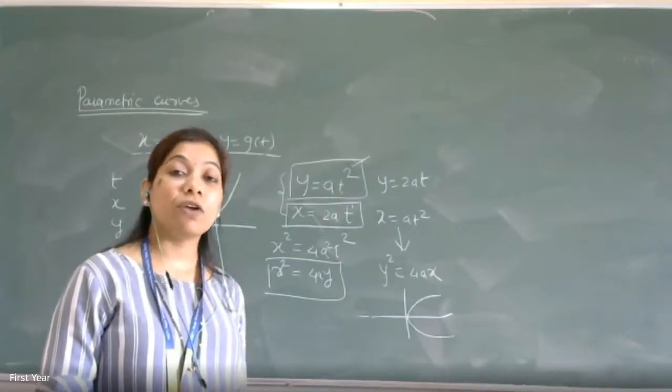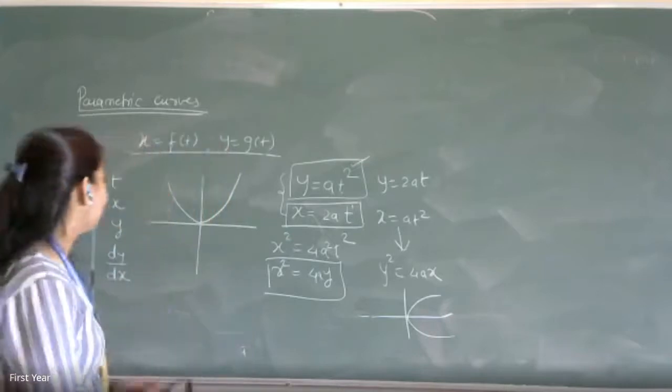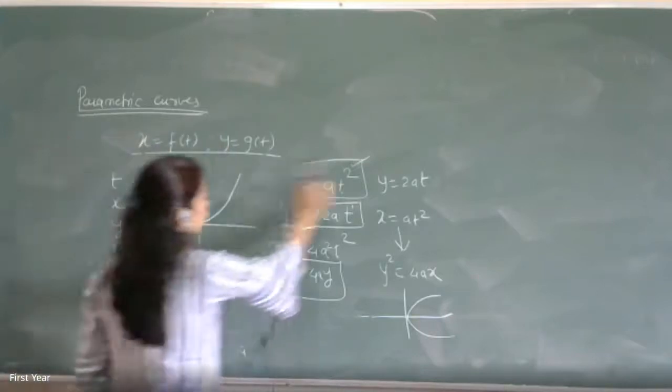Now the symmetries are also given in one different form. What is that? Just let me write it and then I'll explain.